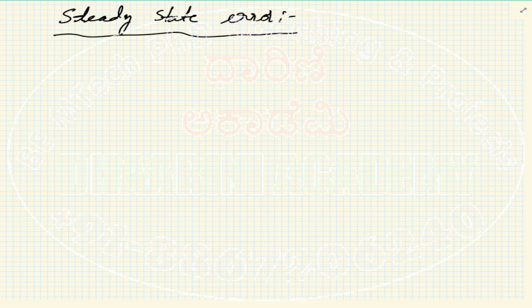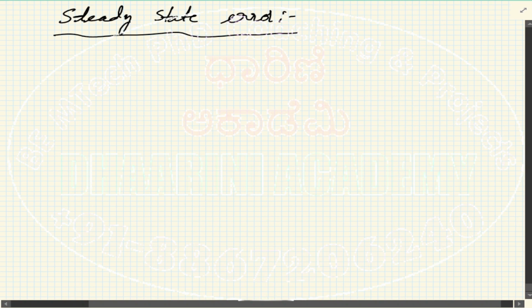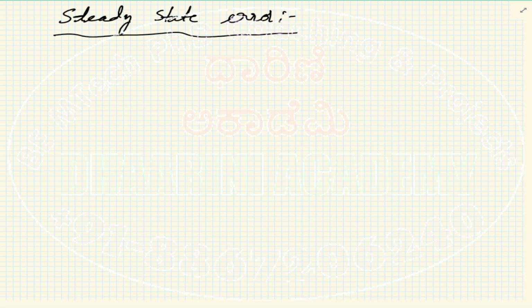But there could be an error in our output. We expect a specific output value when t goes to infinity, but it is not always true that you get the desired output. You get an actual output which is away from the desired output.